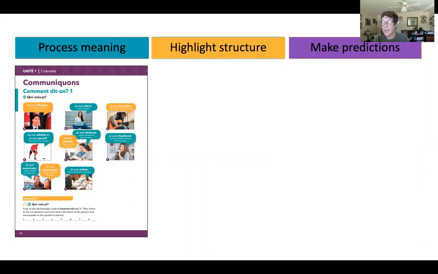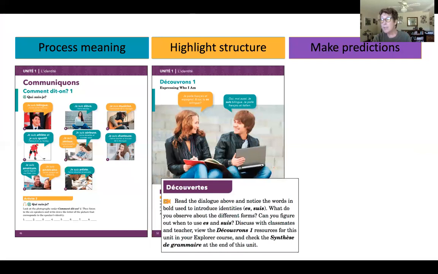We're not mentioning infinitives or conjugations. We just want students to understand the meaning. Next, we give students another example of the structure being used. Once again, we make sure that learners understand the gist of the conversation, and we point out the words in bold, asking learners to think about that.